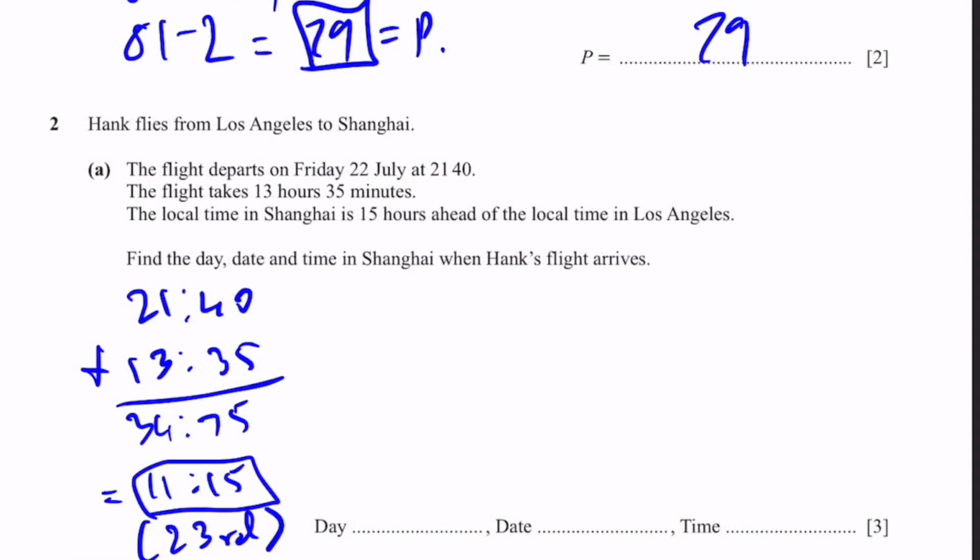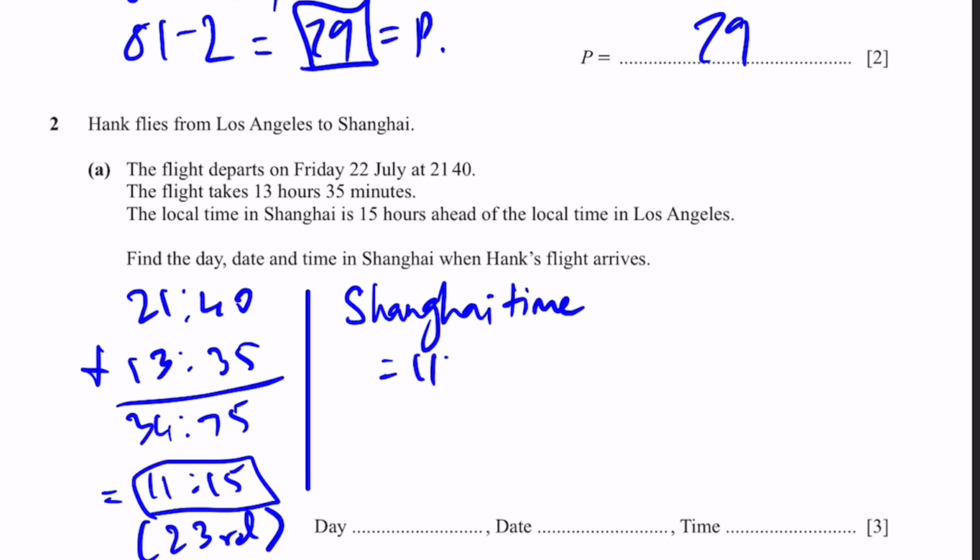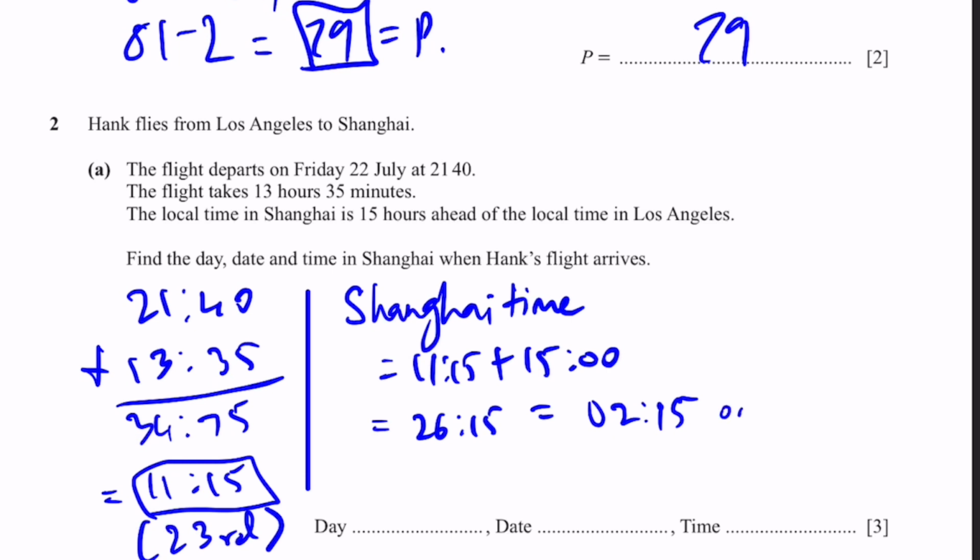And then the time in Shanghai will be 15 hours ahead of this time. So Shanghai time is equal to 11:15 plus 15 hours. That'll be 26:15, which is equal to 2:15 on the 24th, which is 2 days after 22nd.